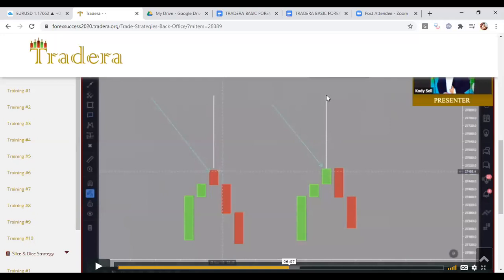Right, because price rose all the way up here and it could not sustain itself and dropped all the way back down. That's an indication that price is going down. So when you see this, I will wait to see what the next candle prints, and you see in this example it is going down.